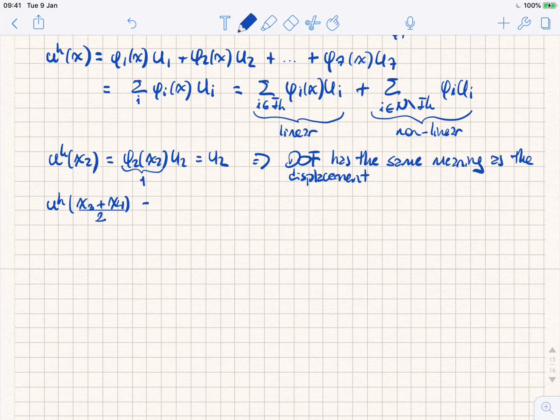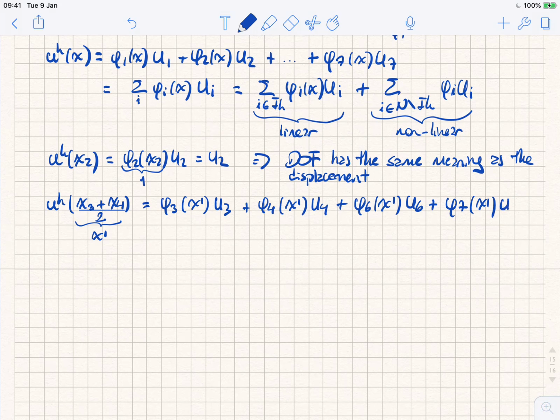We know that the linear shape functions are going to be non-zero, so, let's call this point x prime, we're going to have phi3 evaluated at x prime, plus phi4 evaluated at x prime u4, plus phi6 at x prime u6, plus phi7 at x prime u7.